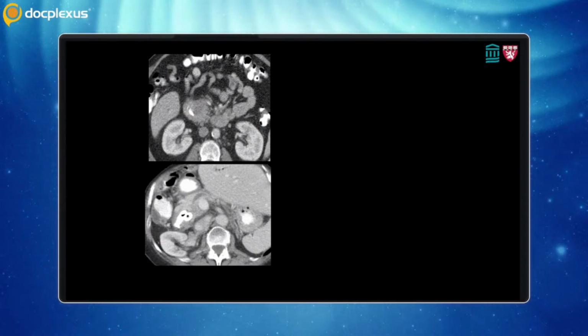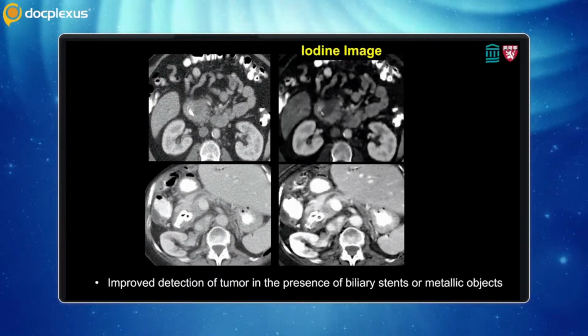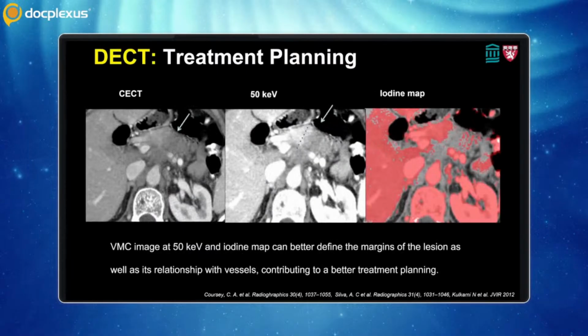Either iodine images or high energy monoenergetic images reduce the artifacts from the stents and in fact allow better visualization of the pancreatic tumor, which is important to delineate the margins and also see their relationship to the surrounding vascular structures. Improved visualization of the tumor, both at low keV monoenergetic and iodine images, improves depiction of the tumor margins and relationship to surrounding structures.